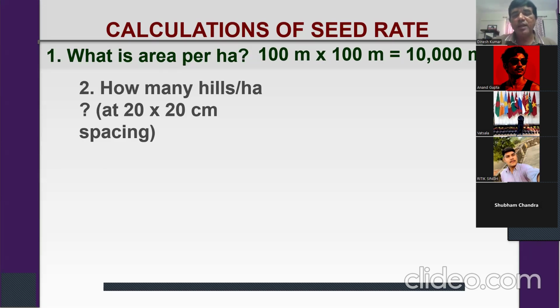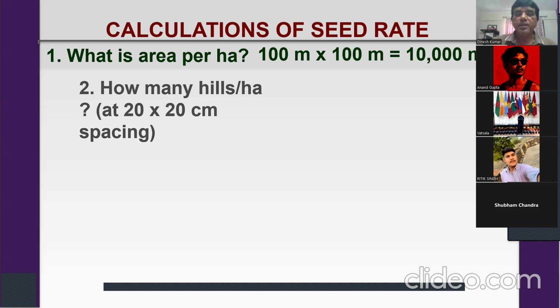So at a hill, you can have initially 2 seedlings, 3 seedlings, and then it can give tillers. And those tillers will also be called a hill. And at one hill, normally you can find 8 to 12 tillers. 8 to 12 tillers per hill are there in normal varieties of rice.